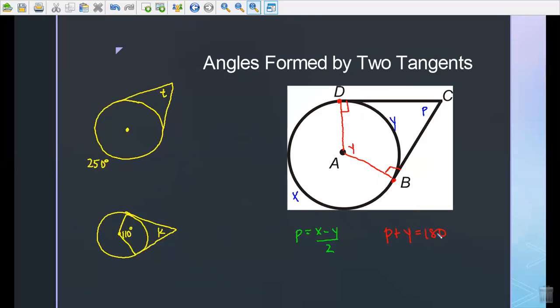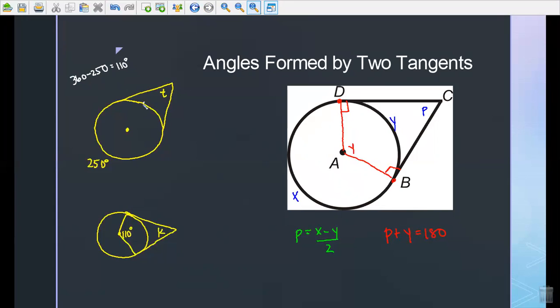And again, whatever comes to mind first, whatever information you're given, just go with what you think is easiest at the time. So here I'm looking for t, that's on the outside. Okay, I'm given this 250, right? If this is 250, that tells me that this arc here, I can figure out by doing 360 minus 250, which is going to be 110.